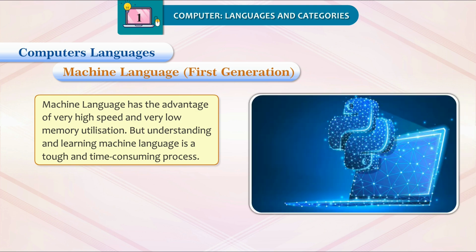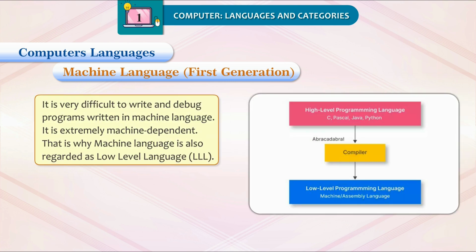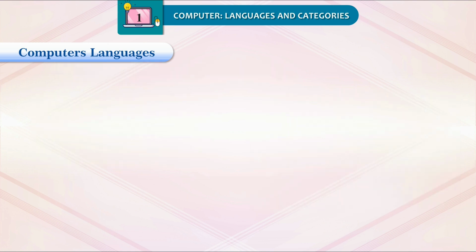Machine language has the advantage of very high speed and very low memory utilization. But understanding and learning machine language is a tough and time-consuming process. It is very difficult to write and debug programs written in machine language. It is extremely machine dependent. That is why machine language is also regarded as low-level language, LLL.